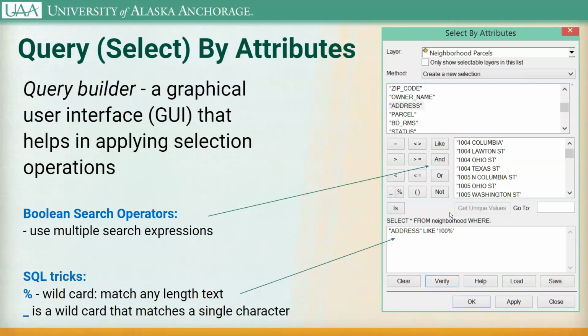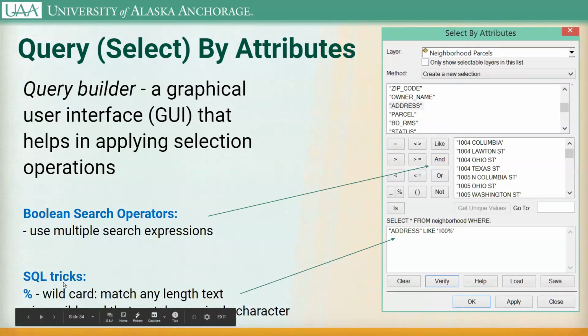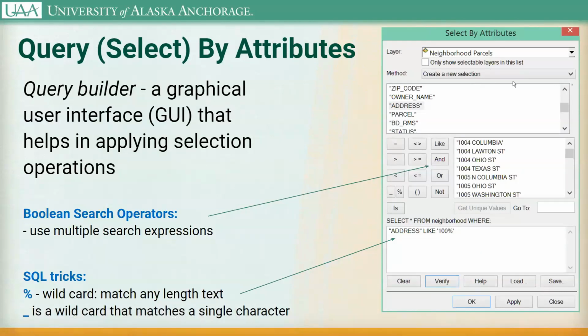So you use Boolean search terms combined with a little bit more mathematical or spatial functions to select from each of your attributes and do searches. So if you're familiar with SQL language, you can use SQL search functions, or you can use this graphical interface to build your structures, your searches.